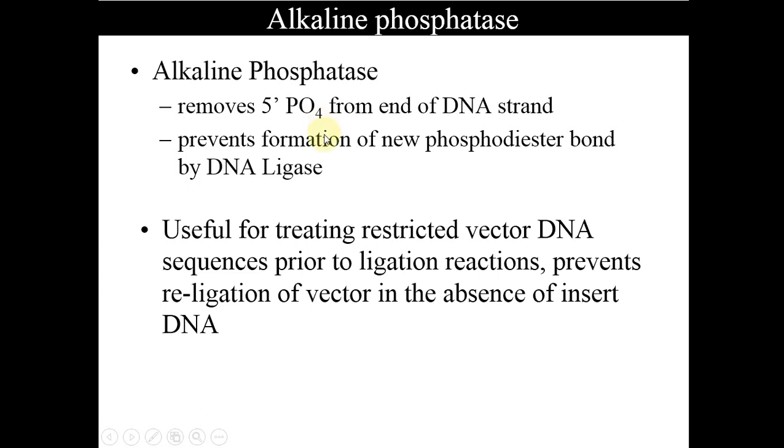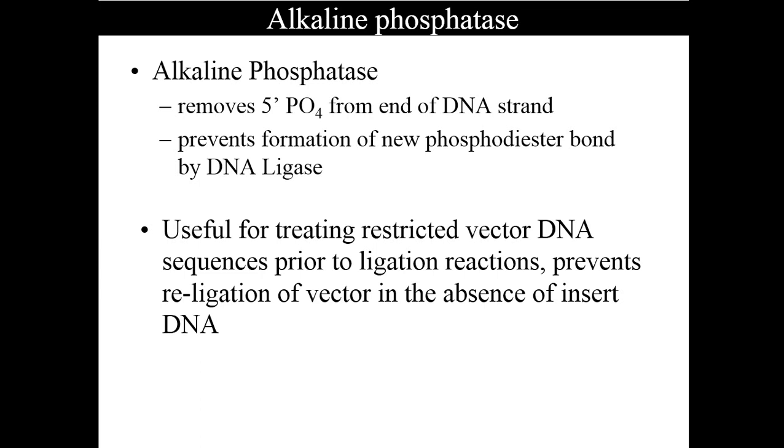On the 5' side of the DNA molecule, or wherever the break is, the 5' phosphate group is present at the end of the DNA molecule. Alkaline phosphatases remove the 5' phosphate and prevent formation of a new phosphodiester bond by DNA ligases. This is useful for treating restricted vector DNA sequences prior to ligation, and thus it prevents religation of the vector in the absence of insert DNA.